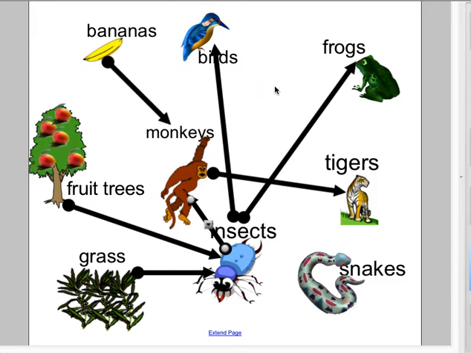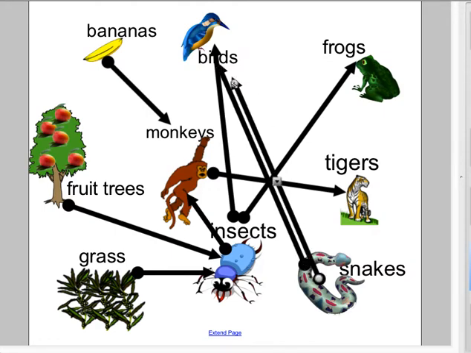Our snake here is getting his energy somewhere too. He's probably eating the frog. He might also be eating the bird. Let's set him up eating the bird since I've moved the arrow that direction. And he probably eats the frog as well. Now, whoops, I'm sorry. Do you see what I did wrong here?